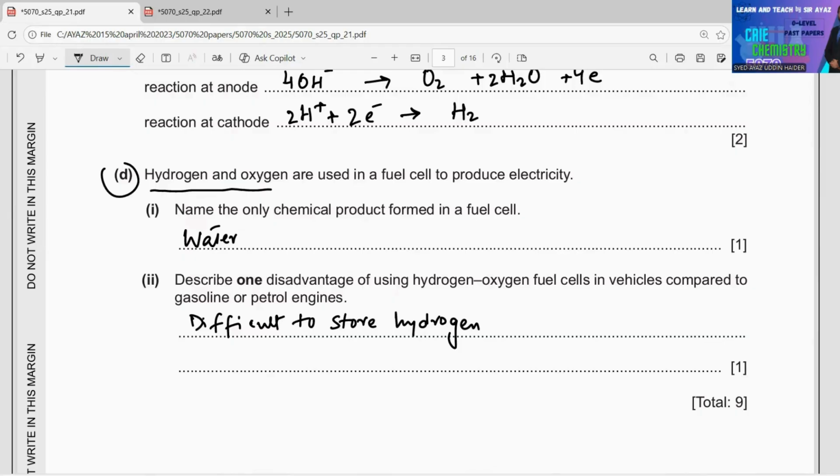What else can you write? Availability of hydrogen, where we are getting hydrogen. We are getting hydrogen from non-renewable resources through cracking of long chain alkenes. That's non-renewable resources.